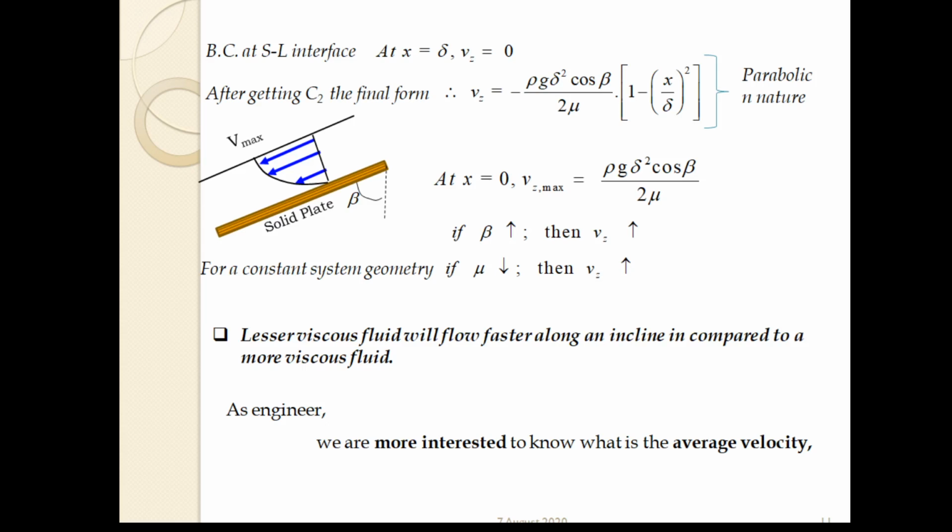And what will be the volumetric flow rate? If we multiply this average velocity with the film thickness into the area w, because x varies from 0 to delta, the film thickness.